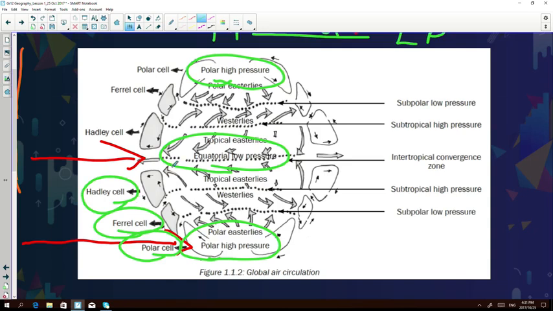As you can see, the warm air rising, cold air sinking. Okay, divergence taking place, sinking, sinking. Right, so our three distinct pressure cells have developed, the polar, Ferrel, and Hadley.